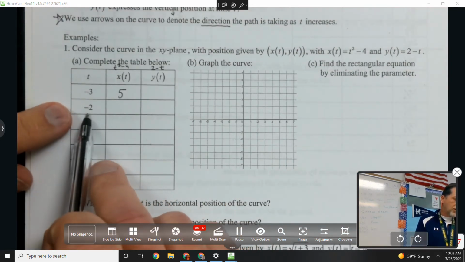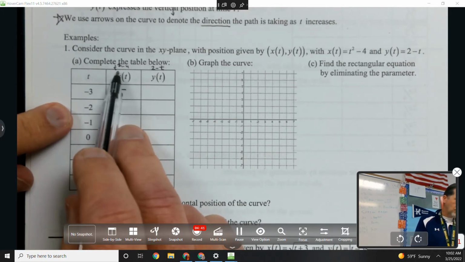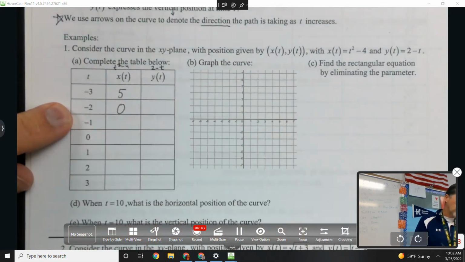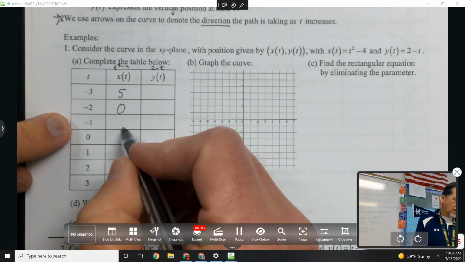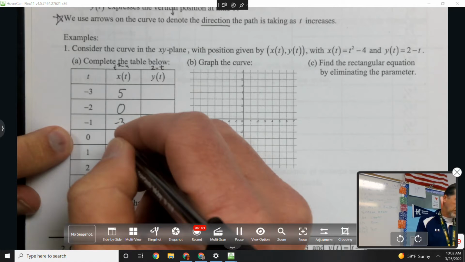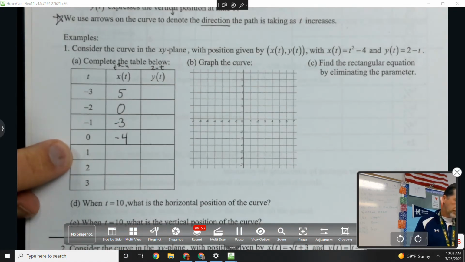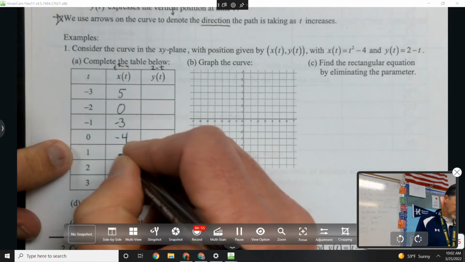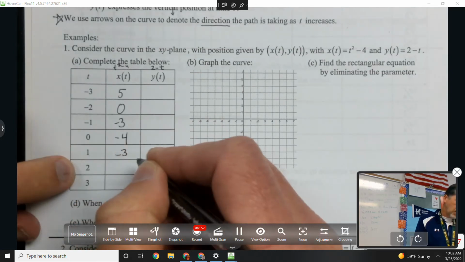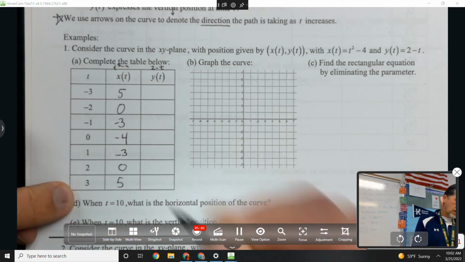If I plug in -2 for t, -2 squared is 4, 4 minus 4 is 0. I plug in -1, 1 minus 4 is -3. Plug in 0, -4. Plug in 1, I get -3. Plug in 2, I get 0. Plug in 3, I get 5.